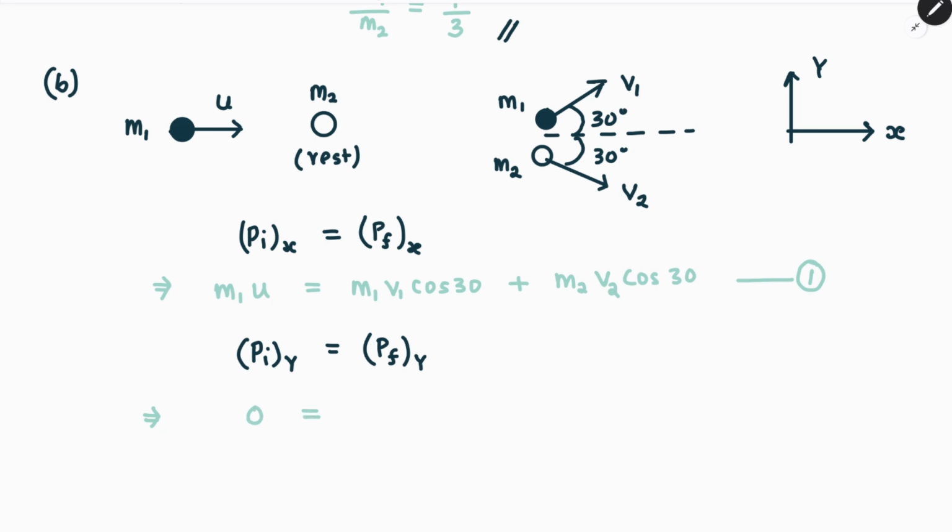Finally there is a cos component in the x direction and a sin component in the y direction, so we write it as m1 v1 sin 30 degrees in the upward direction, so positive, minus m2 v2 sin 30 degrees in the downward direction. We get this as equation 2.